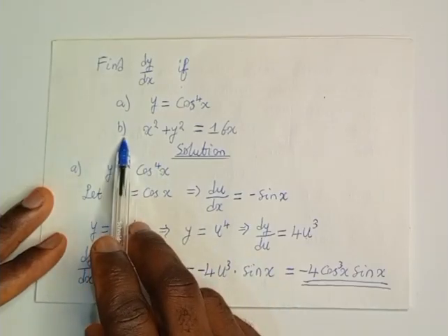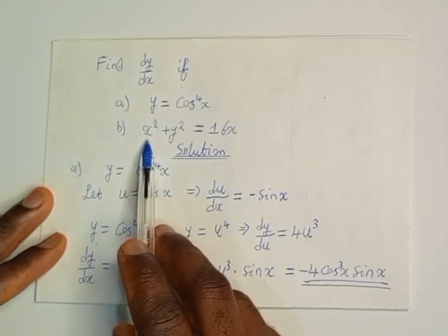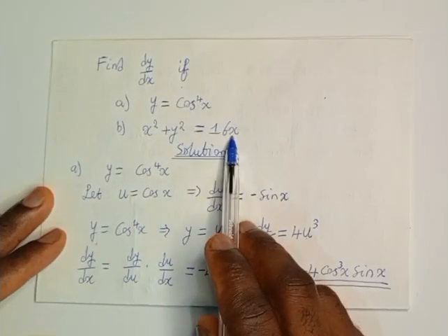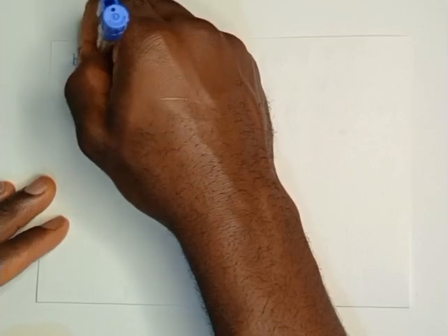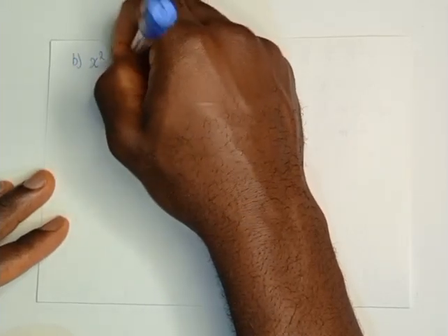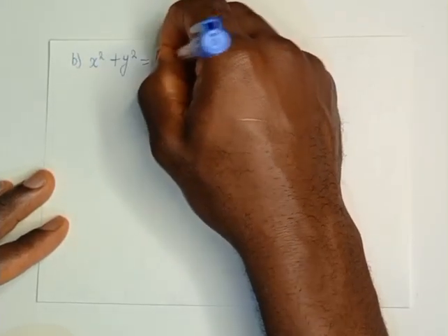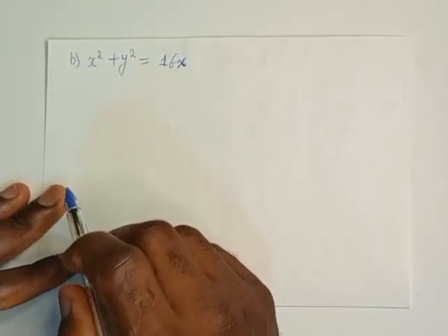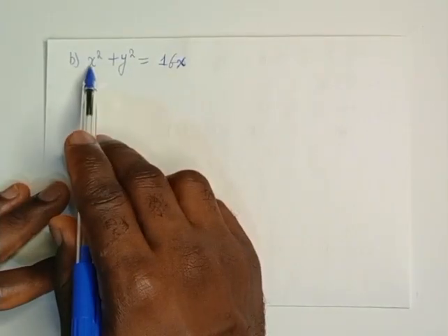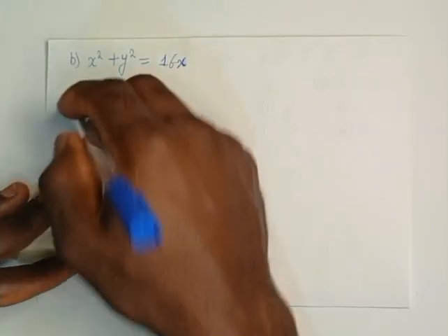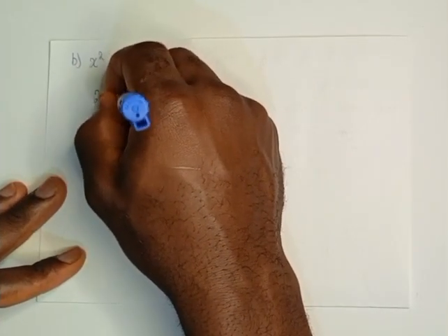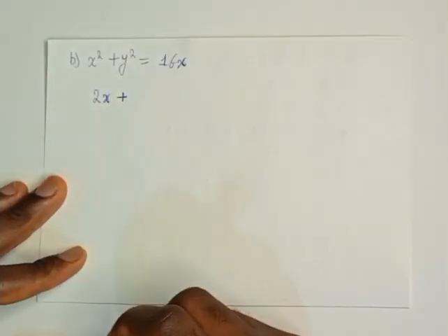We move now to b. We have to find dy over dx for x squared plus y squared equal to 16x. Differentiating the left hand side, the derivative of x squared is 2x plus, we are differentiating with respect to x.